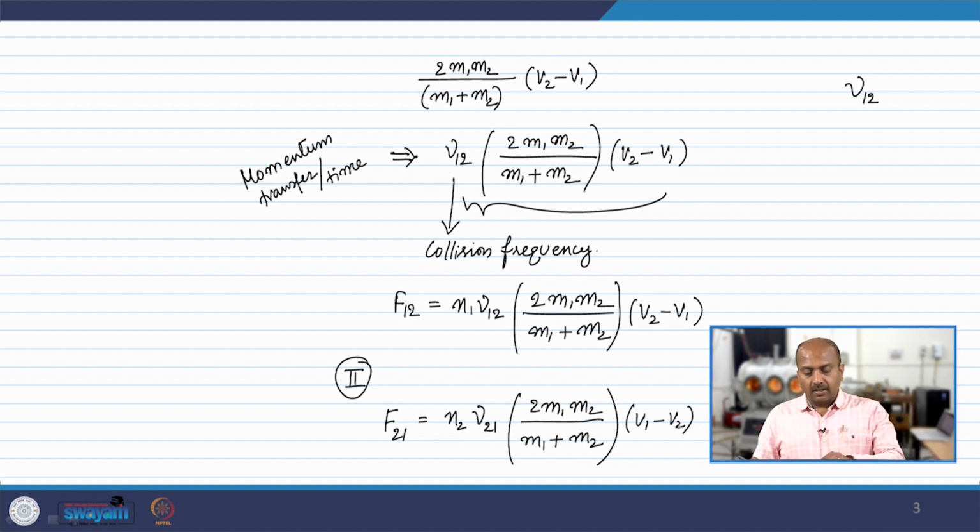You would obviously expect that these two velocities are different. If these two velocities are the same, there cannot be any momentum transfer.